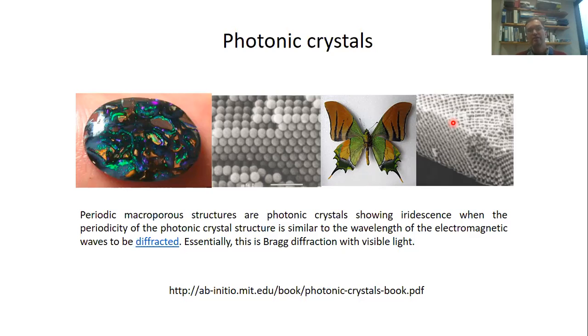Okay, and similarly to that phenomenon, we can diffract visible light at structures that have approximately the same wavelength as visible light. Okay, so visible light has wavelengths in the order of 400 to 700 nanometers. Therefore, it gets diffracted at periodic structures that have lattice constants approximately the same range, and macropore structures fall into that category.